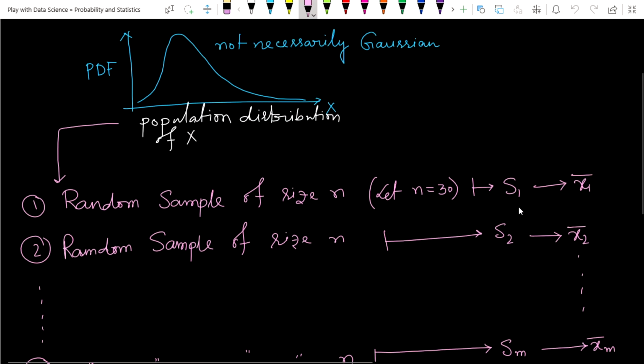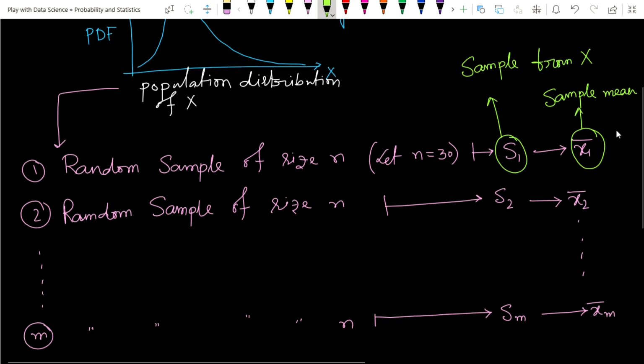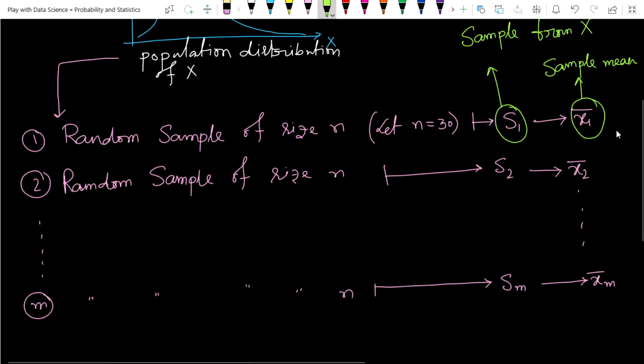Don't be confused: this is the sample from X, and this is the sample mean.